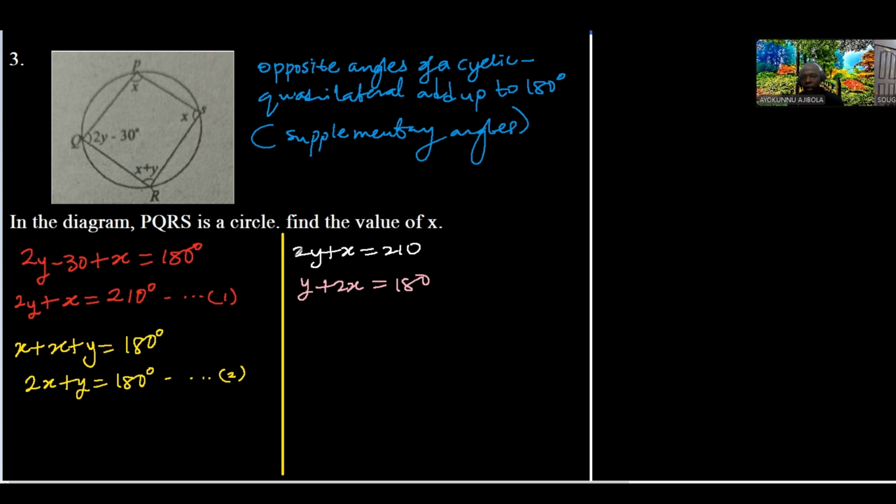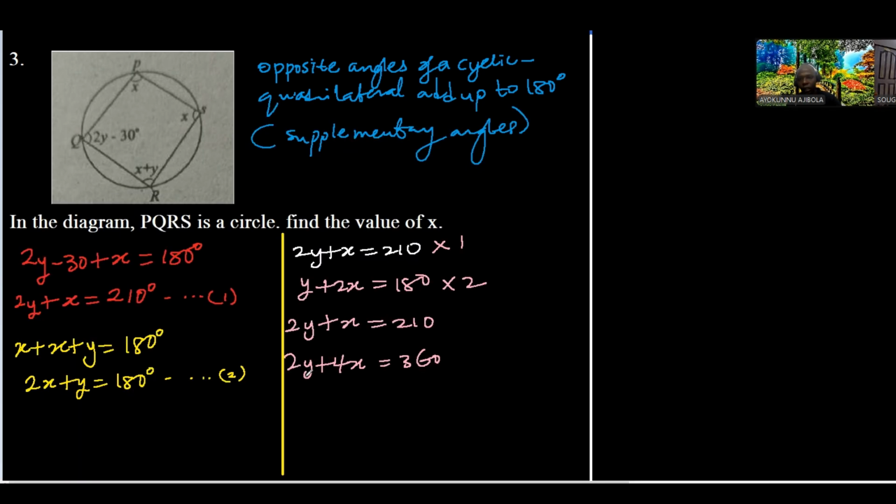To find the LCM, which is 2, this one is times 1 and this is times 2. Then I have 2y plus x equals 210. Then this is 2y plus 4x equals 360.